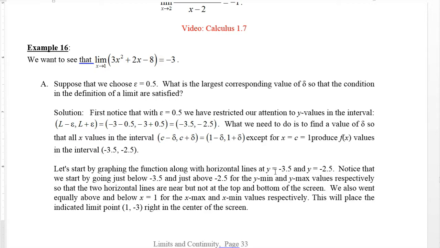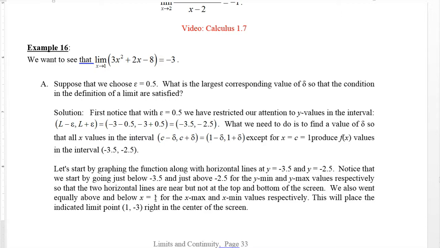So let's draw those on a graphing calculator, and then find out where the graph of the original function crosses them. Put 3x squared plus 2x minus 8 in as y1. For y2, let it be negative 3.5, and y3 be negative 2.5. Get all three in there, then graph it and see what comes out.